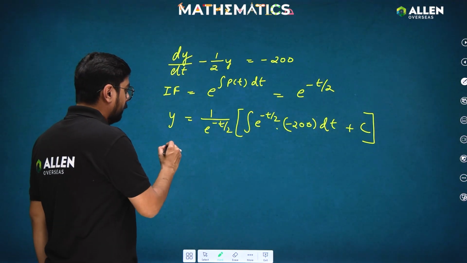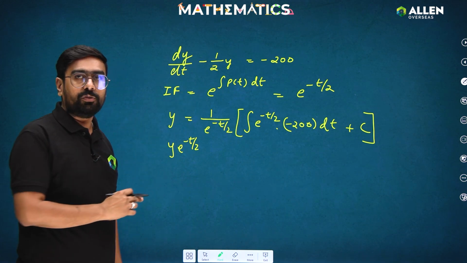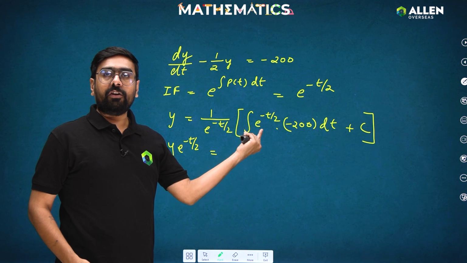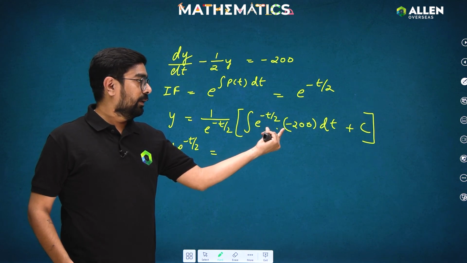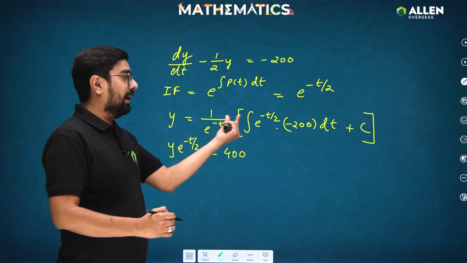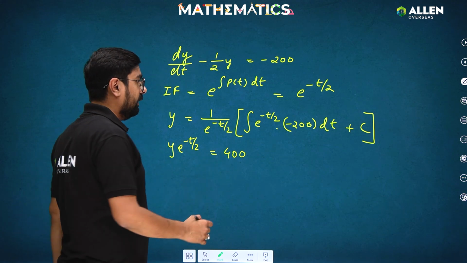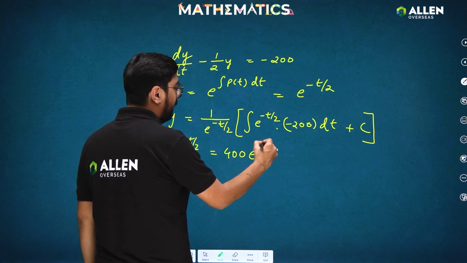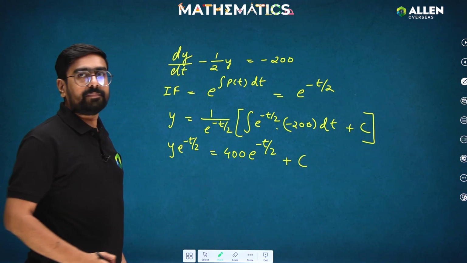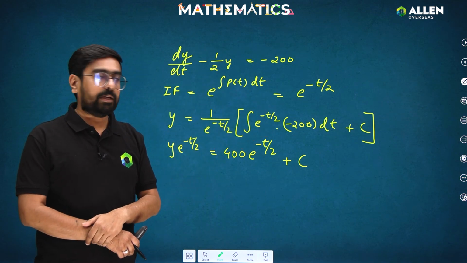Now after this, I am going to shift e to the power minus t by 2 to the left side, so y e to the power minus t by 2 is equal to the integration of e to the power minus t by 2 into minus 200. So it is going to give me 400, because the integration will be minus 2 e to the power minus t by 2, and minus 2 multiplied with minus 200 will give us positive 400. Positive 400 e to the power minus t by 2 plus c.